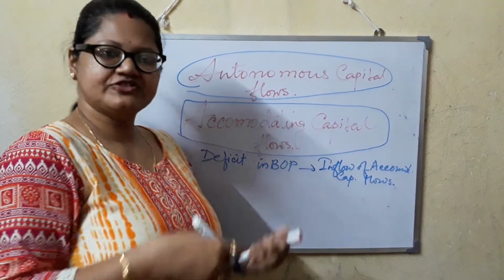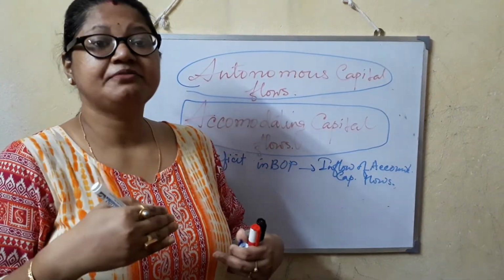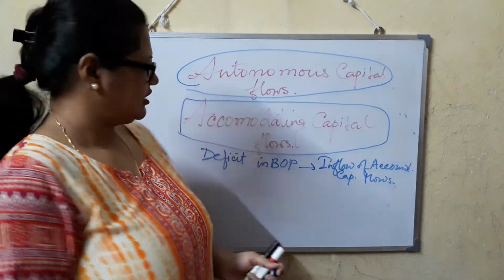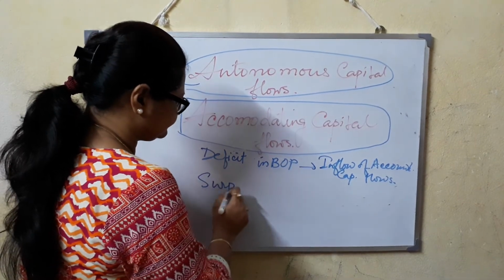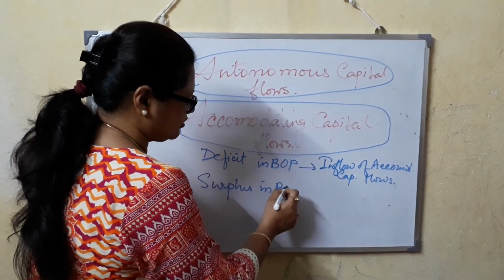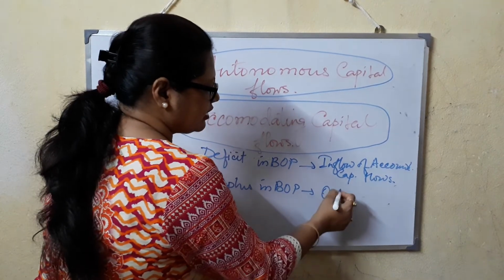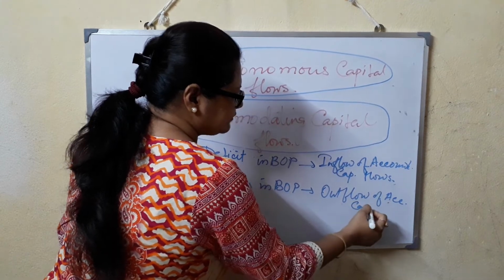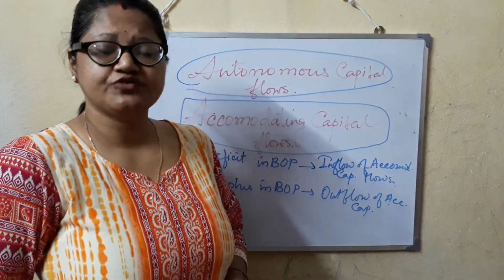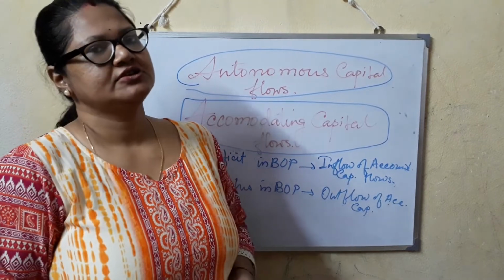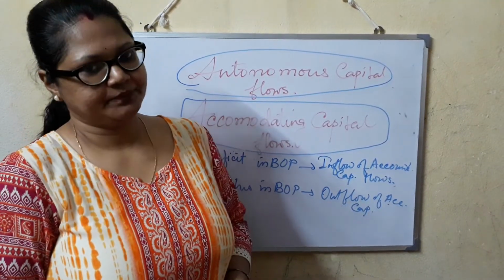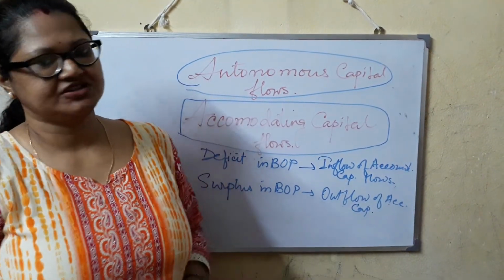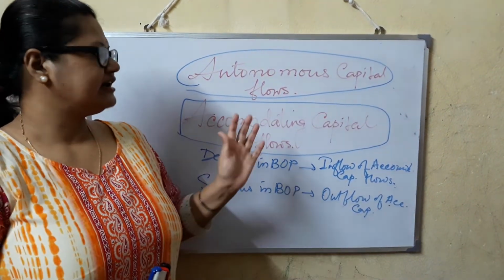So when we have a deficit in BOP, we bring in the inflow, like we can borrow from outside institutes or countries. If there is a surplus in BOP, there is an outflow of accommodating capital. Outflow means suppose we have a surplus, so we can lend out to a country which is in need of a loan. So this is how the BOP or balance of payments is maintained in a country, and these are the components of BOP.